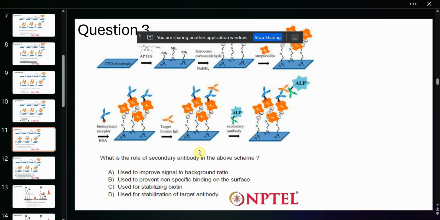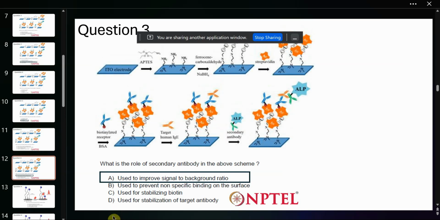It can be used for stabilization, but since it's a labeled antibody, you can go through the week 2 or week 3 lectures. There, the labeling is done to improve the signal to background ratio. So when you have a labeled secondary antibody, you can think of it that way. So rather than eliminating, I would say go with this approach.